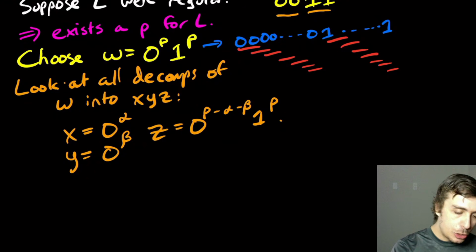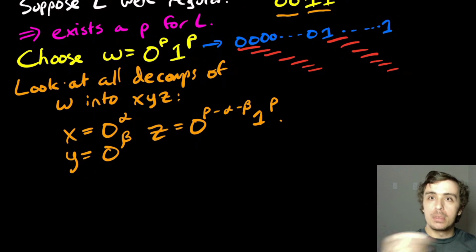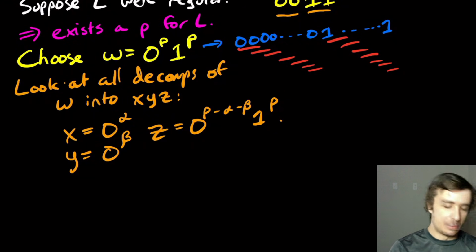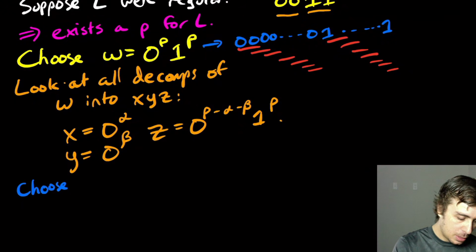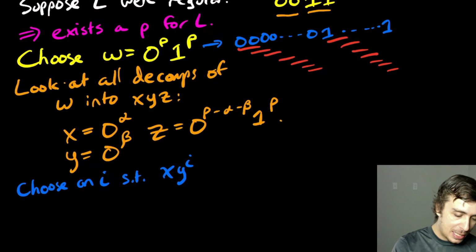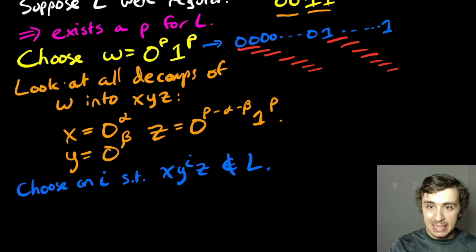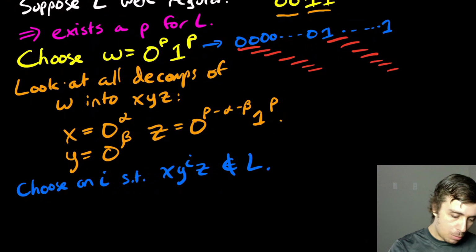So now we need to choose an i for which the number of 0s and 1s is different. More precisely, we need to choose an i such that x y^i z is not in L. Well, what is this?